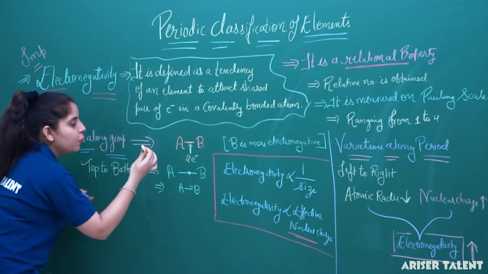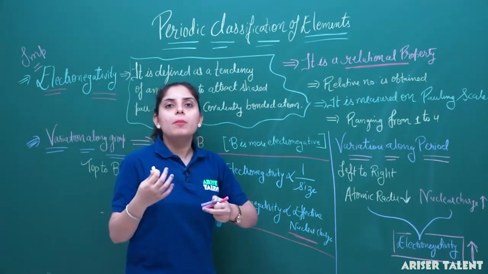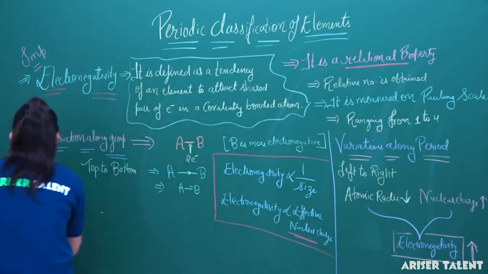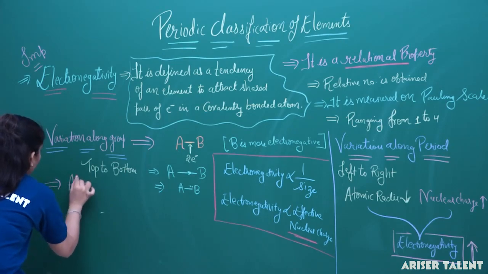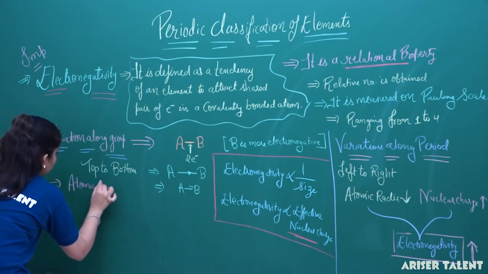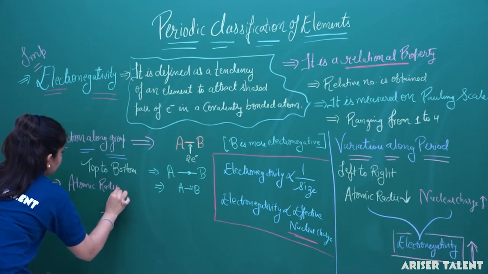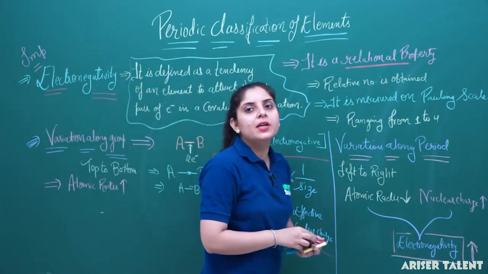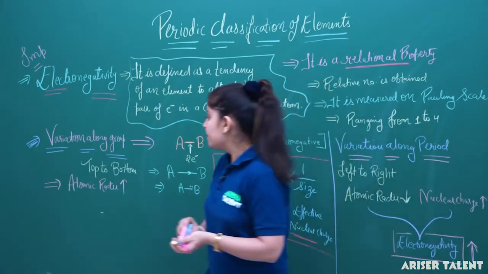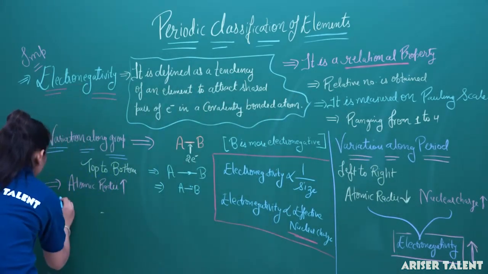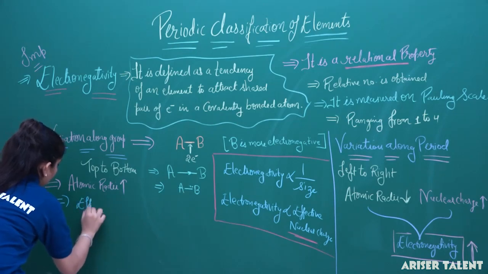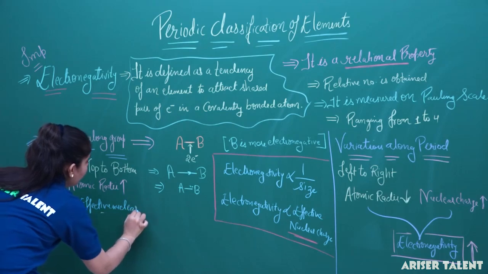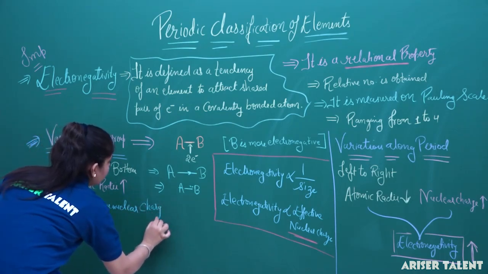we know that if we go from top to bottom, the atomic size or the atomic radii will increase. So, what will happen next? Atomic radii increases. If atomic radii increases, the effective nuclear charge is going to decrease, because the nucleus has less effect on the outermost electrons.